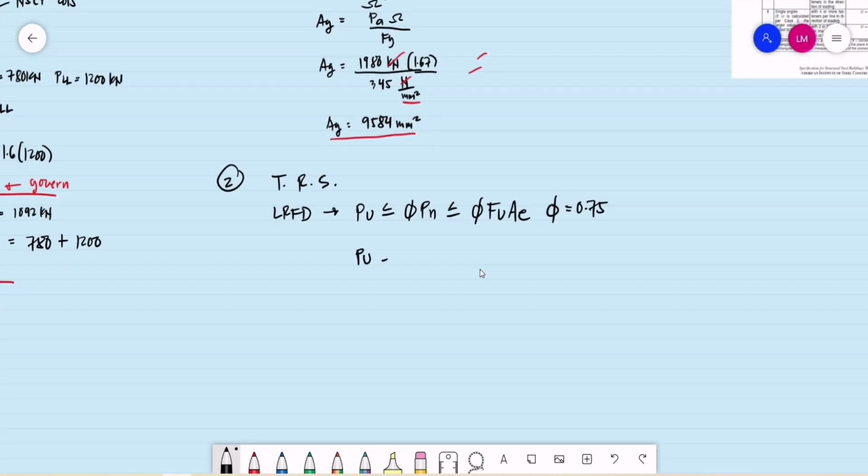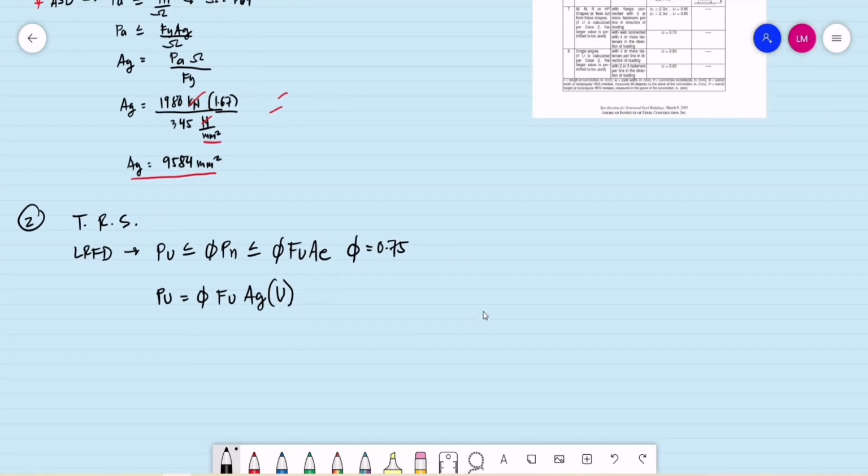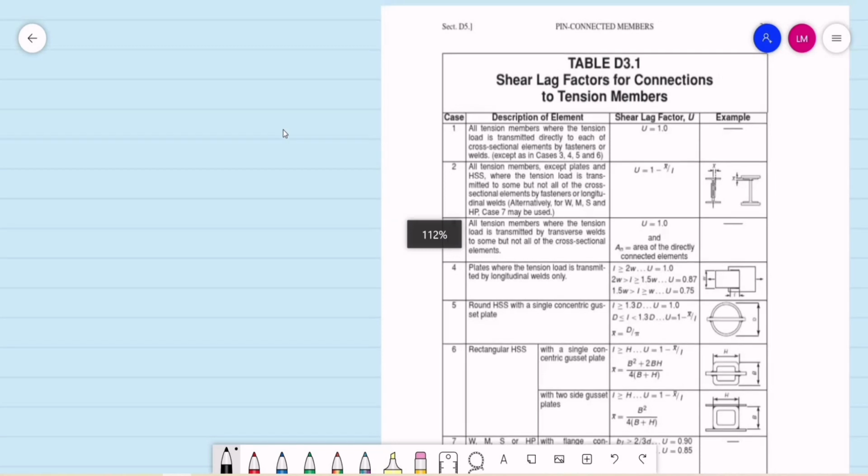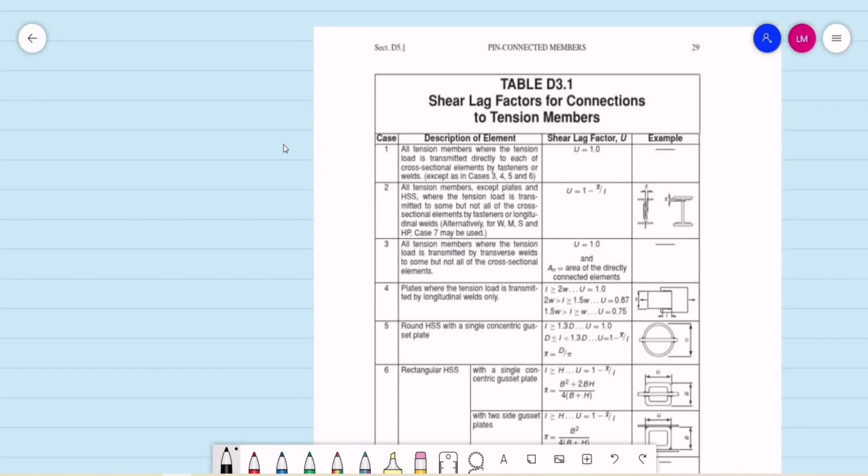We can have Pu equal to φ multiplied by Fu. This is the same as the gross area multiplied by the shear lag factor U. So what is the value of our shear lag factor U? Again, this is from our NSCP, I think still in steel design, chapter 5.